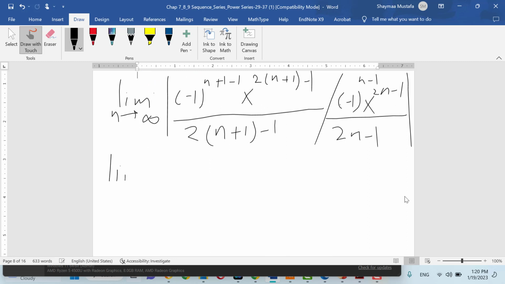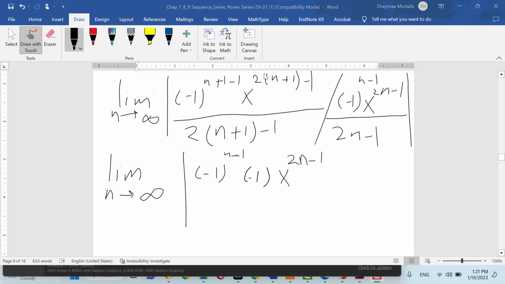Now the limit as n goes to infinity. Here we have minus 1 to the power n times minus 1 to the power n minus 1, and x to the power 2n minus 1 plus 2, which means we have x squared, over 2n plus 2 minus 1, which is 2n plus 1.